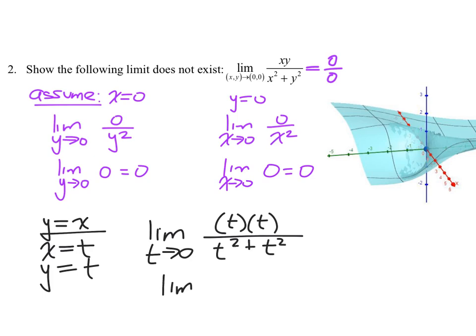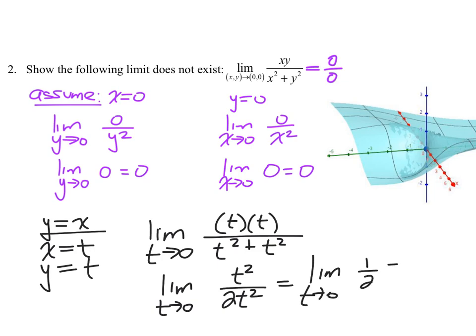which would be the limit as t approaches 0 of t squared over 2t squared, which is the limit as t approaches 0 of 1/2, which would be 1/2. All right.